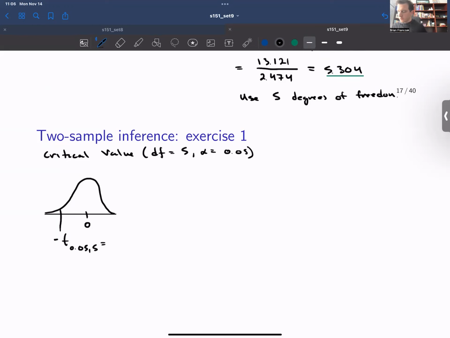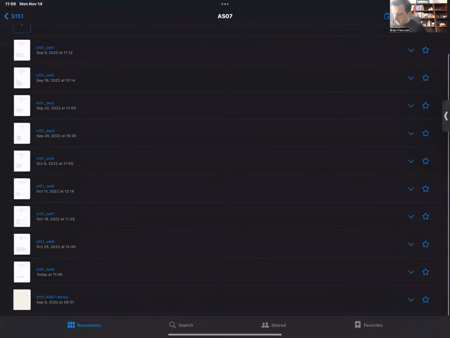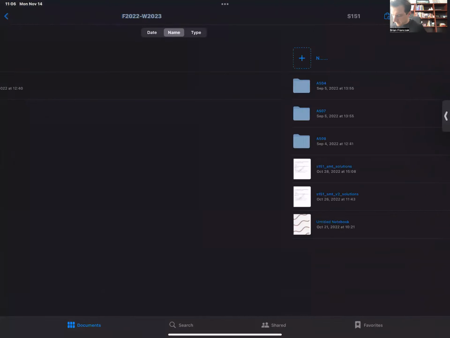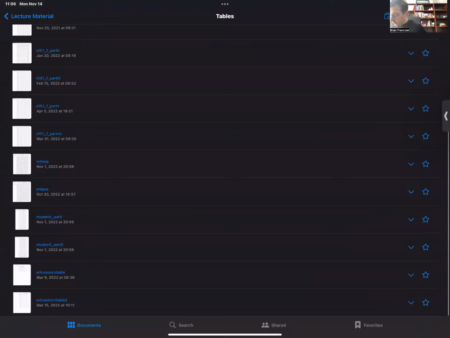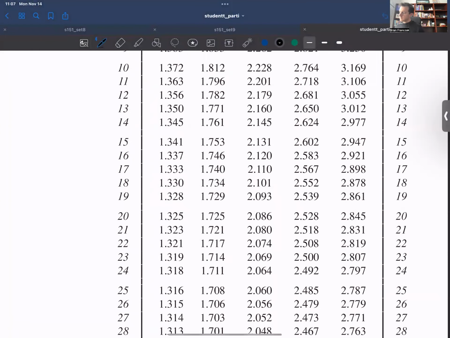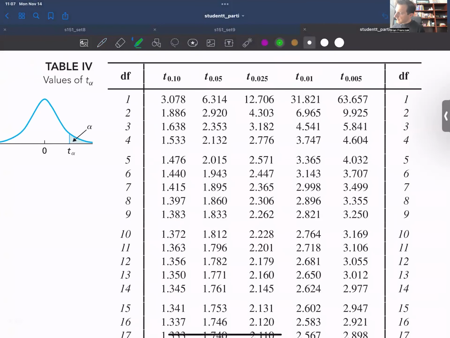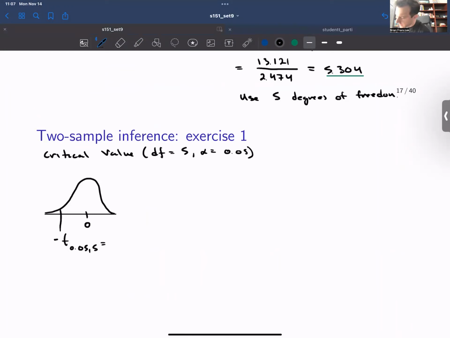So now what I'm going to do is go to the student t-table. I have 5 degrees of freedom, 0.05. That gives me 2.015. So the critical value for this procedure is negative 2.015 because we are working in the lower tail.